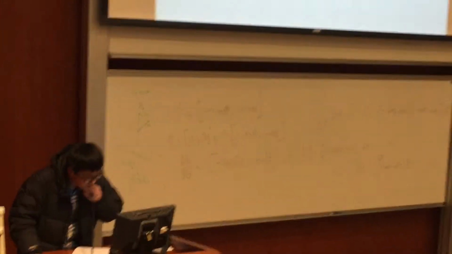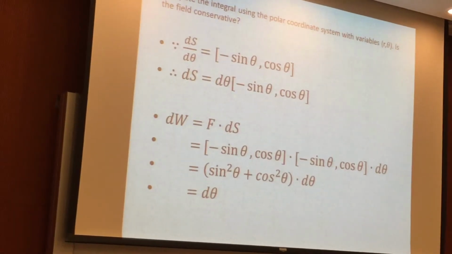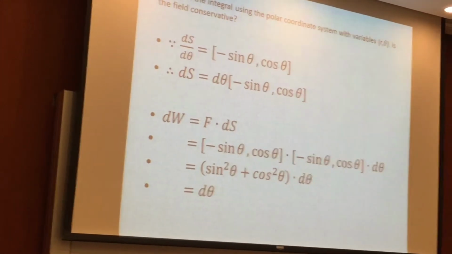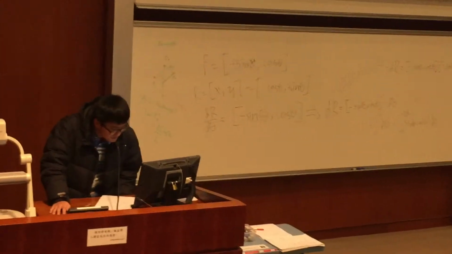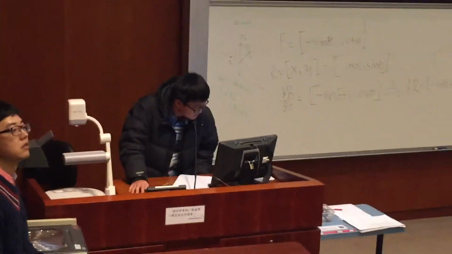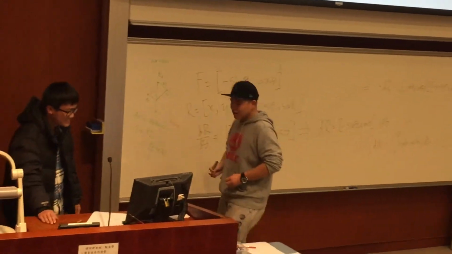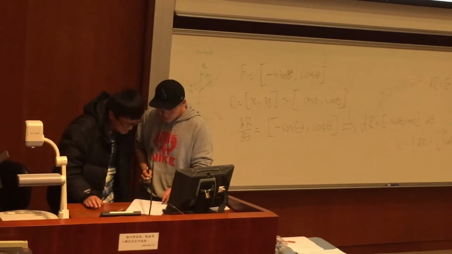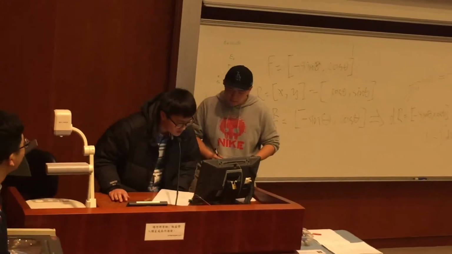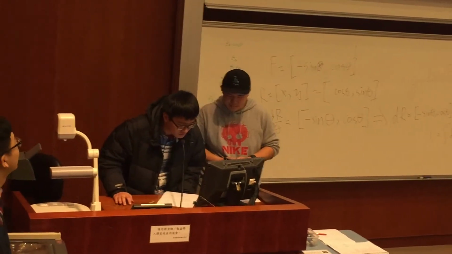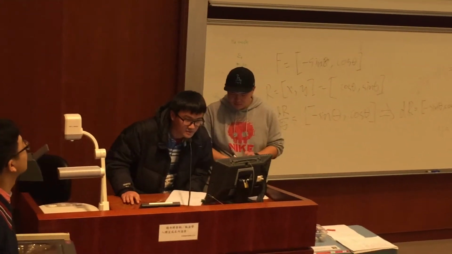And converting the ds into Cartesian coordinate, we can do this. And after the operation, we can see that it is equal to sine squared theta plus cosine squared theta, and that is equal to 1.